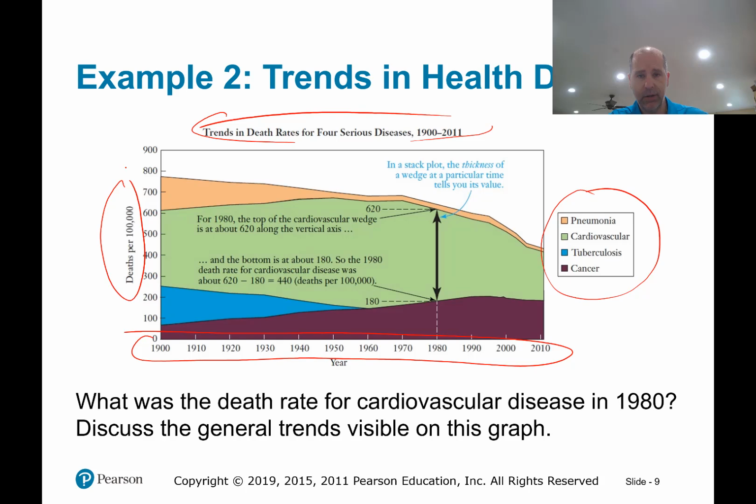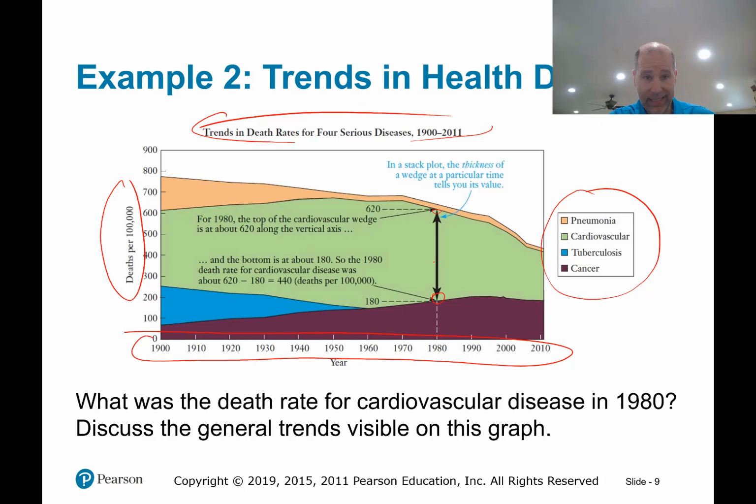1900 to 2011. And it says, what was the death rate for cardiovascular disease in 1980? In 1980, the rate would be based on the green. So you would measure the distance from the top and the bottom, and that would give you your death rate.